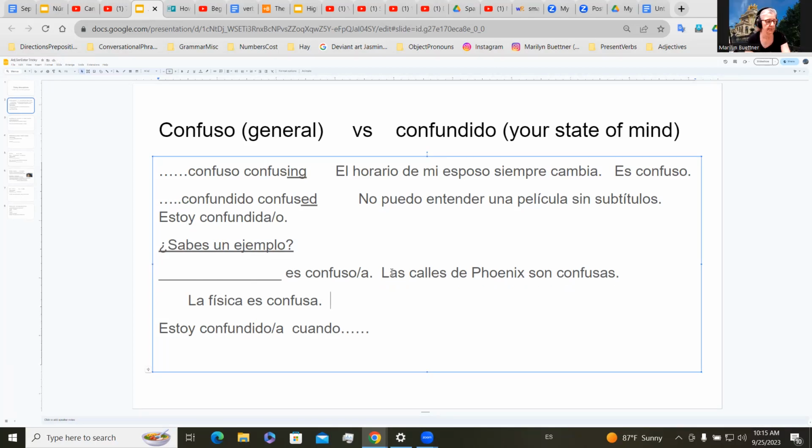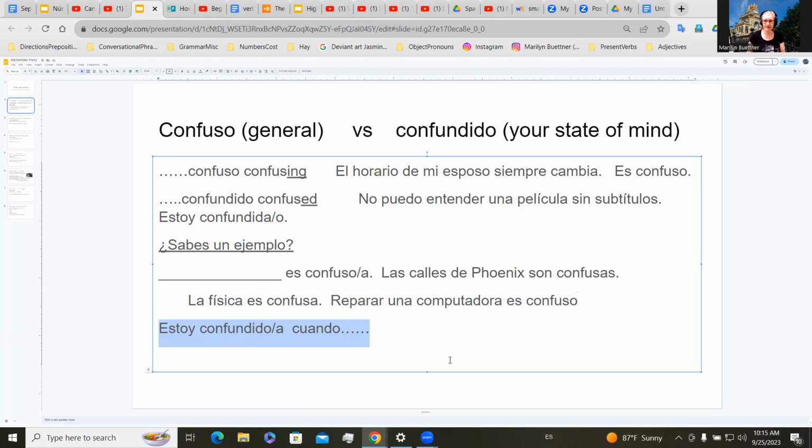O, por ejemplo, repairing, sí, una computadora es confuso. Repairing a computer is confusing. ¿Sí? A ver, ok. Pero es otra cosa con confundido.